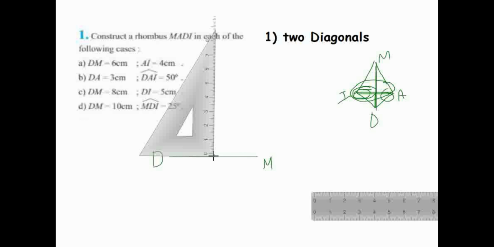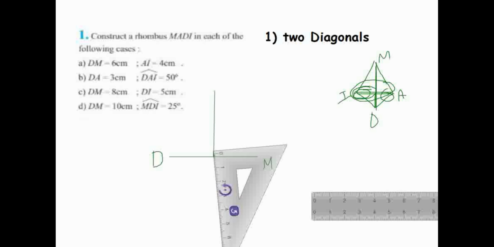So above DM, let me first of all draw the line. I'm going to draw the line randomly and then I'm going to measure it, because the set square doesn't mark from 0, so I draw a random line and I don't care about its measure. Then I will move it downwards. You can flip that and also draw a perpendicular downwards.